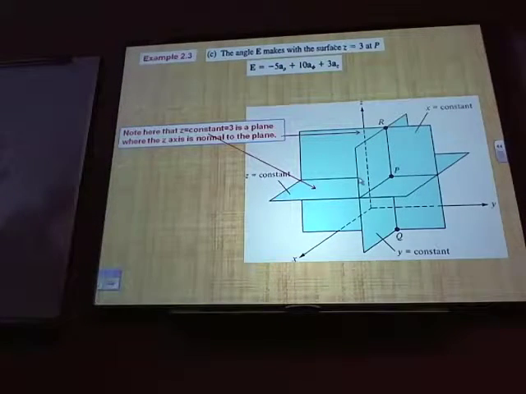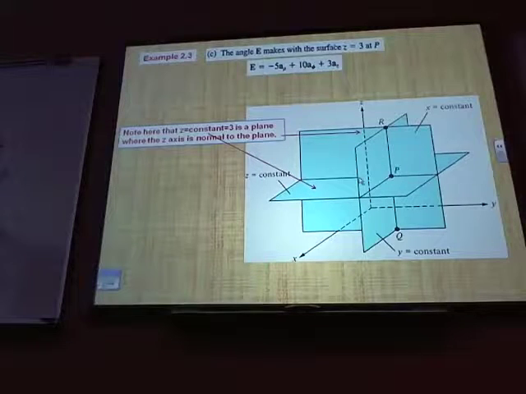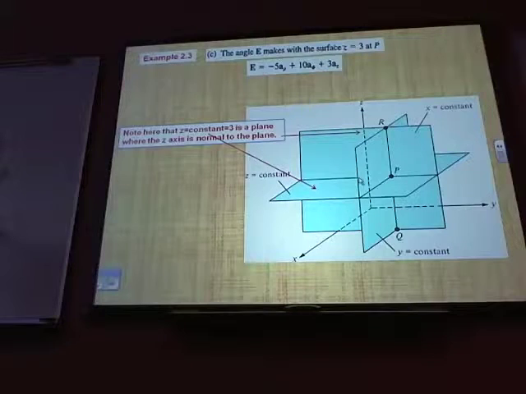In order to determine that, if we have a surface like this, what we normally do is try to find a normal to that surface. Then, if I've got an E vector coming through like this, how can I find the angle between here and here? I can use a dot product, or I could use a cross product kind of deal, but a dot product would definitely give me that angle.